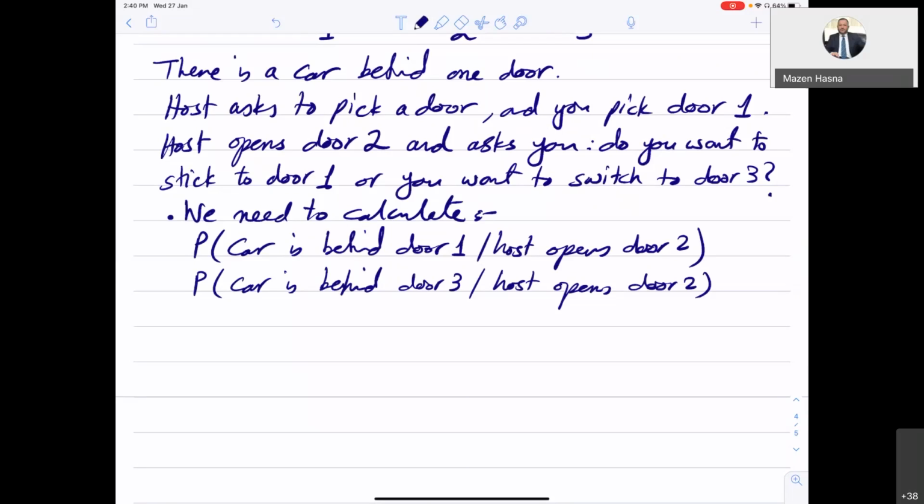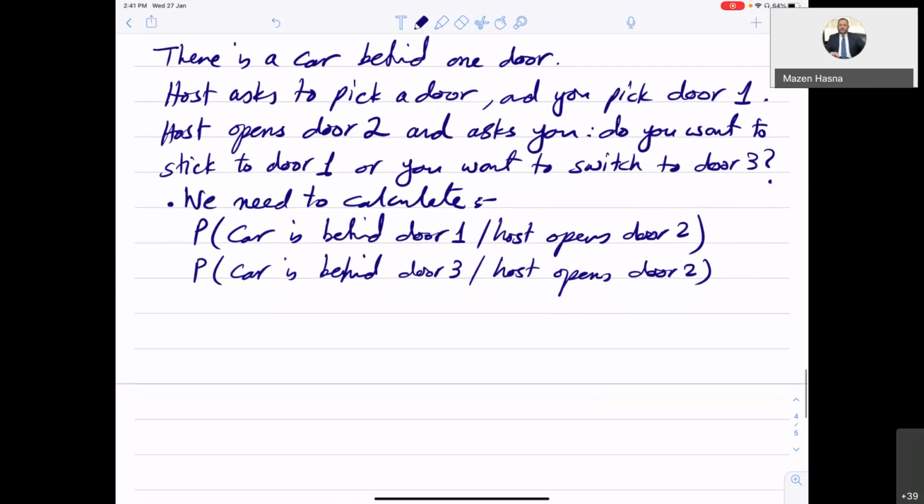We assumed here that he opened door 2, and then he will ask you, do you want to stick to your choice of door 1, or change your choice so that you pick door 3? And then he will open the door you chose. If it has the car, you get the car. If it doesn't, you lose. And we are trying to see what's the best decision you should take. Should you stick to your door, or should you switch to the other door?